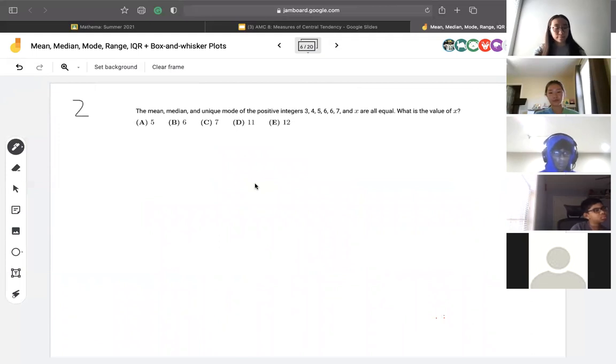Okay. The mean, median, and unique mode of the positive integers 3, 4, 5, 6, 6, 7, and x are all equal. What is the value of x? And unique mode just means there's only one mode in this data set. There can't be two modes.